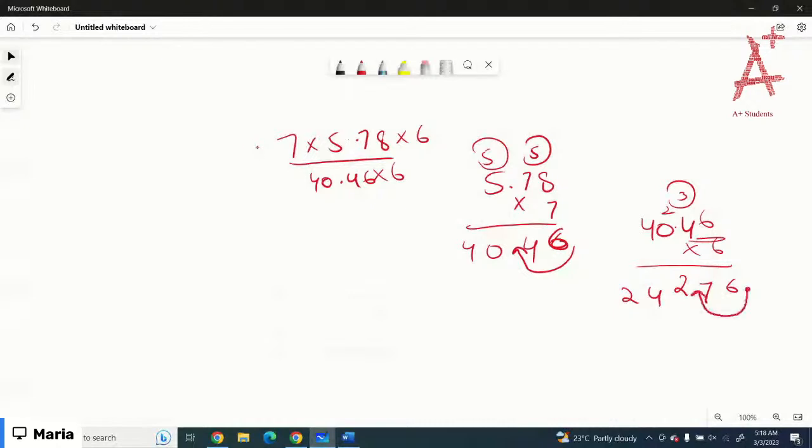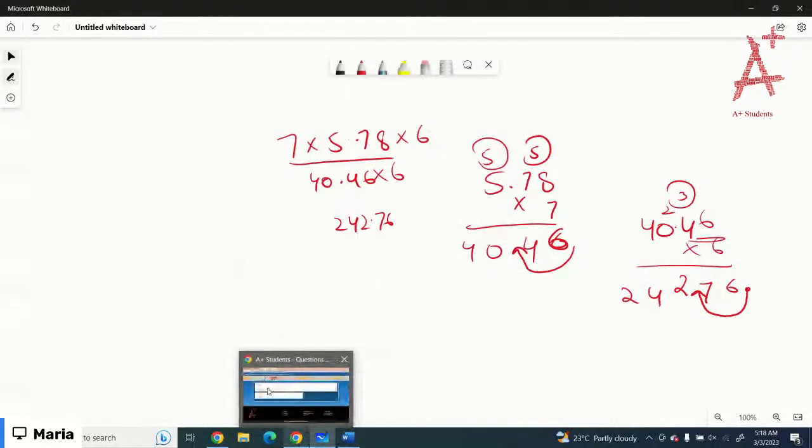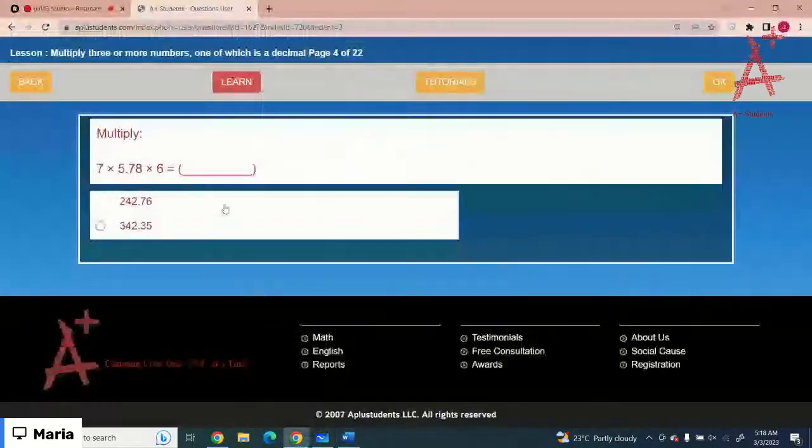So it would be moved from here to here. So it is 242.76. Got it? Correct option is 242.76.